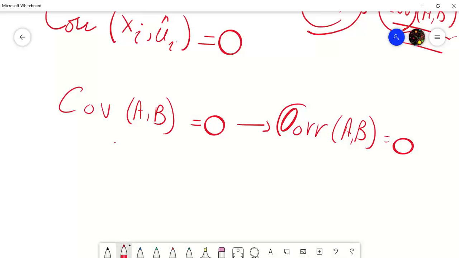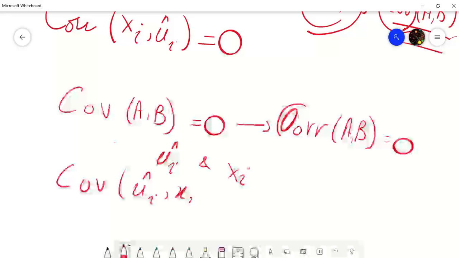So what is the covariance between mu I hat and xi?